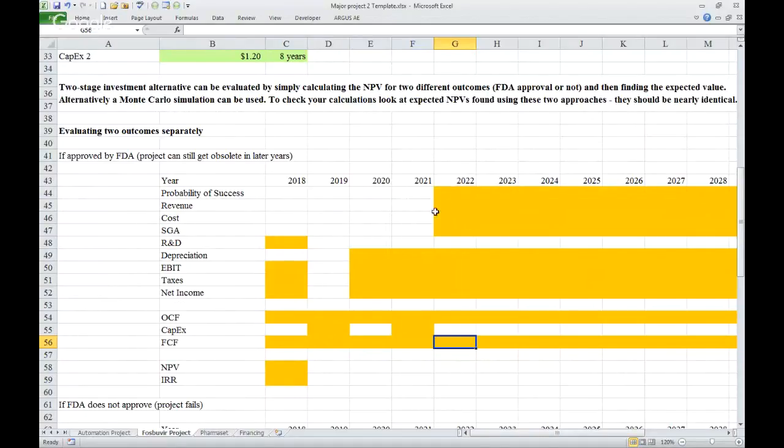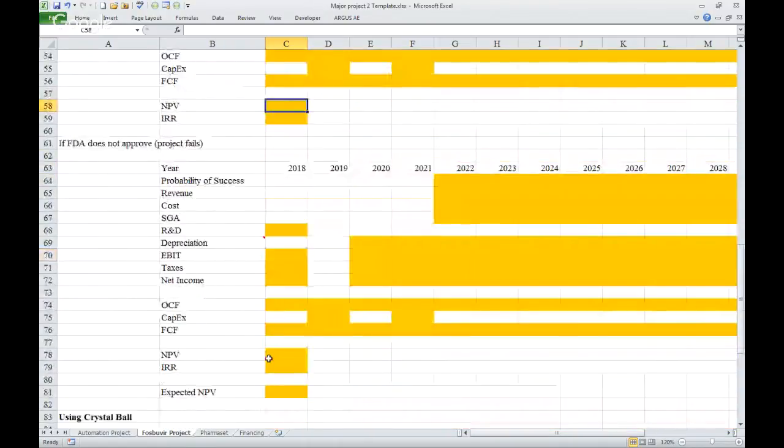Probabilities are already factored in here whenever they need to be factored, and then you calculate the net present value, and this is net present value if it is approved. Then you do the same thing and calculate net present value if the project is not approved.